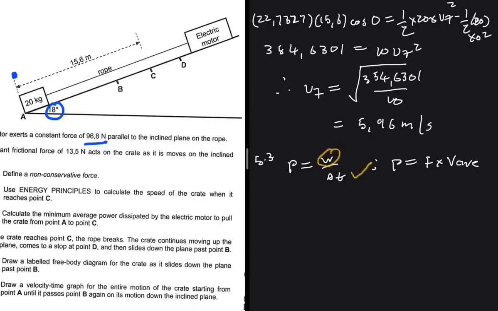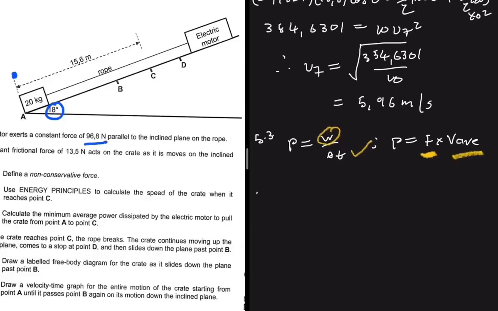But if you look at the other formula, we have the force that is exerted by our electric motor, and we have VI, which is equal to 0, and we have VF, which is equal to 5.96. So we can add those two and divide by 2 to find the average velocity. The power will be the force exerted by our motor, that is 96.8, multiplied by the average velocity.